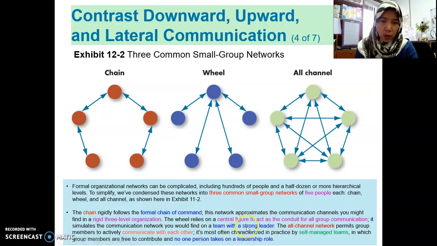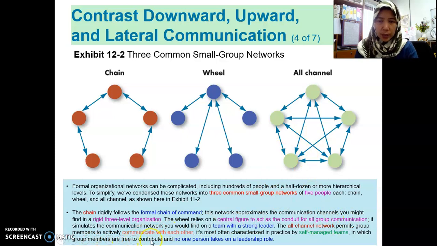The all channel network permits group members to actively communicate. As you can see, the communication between members in all channel groups is random, they are communicating with anyone in the group. It is normally common in a self-managed team, where the managers have very limited power, or in fully self-managed teams where members take responsibility without any leaders or managers.